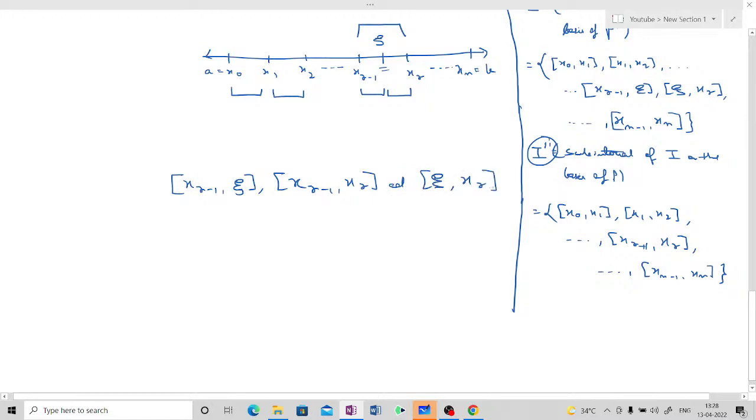These are the only sub-intervals which differ between I' and I''. Clear? Got it? Now keep this in mind.